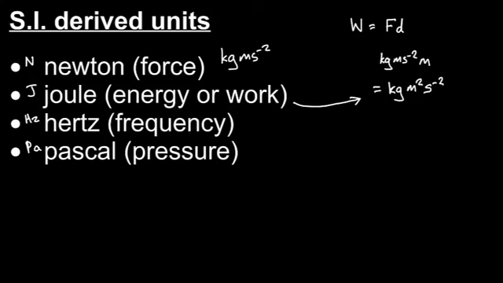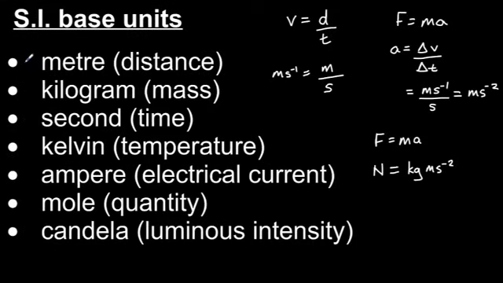If we return to our base units, you'll see that the meter is written with a lowercase m, the kilogram, lowercase kg. It's worth pointing out here that the gram is not the base unit of mass, so we've added a prefix to it to make it the kilogram. That's the only example of a base unit that has a prefix, saying it's 1,000 grams. The second is a lowercase s.